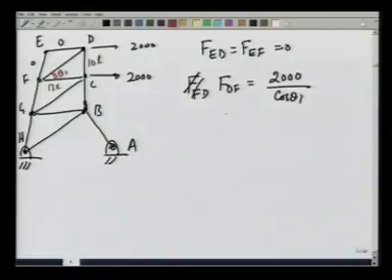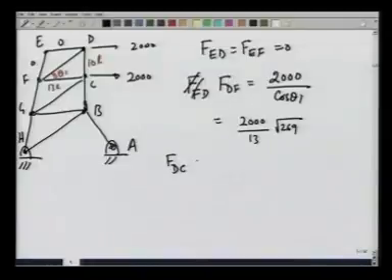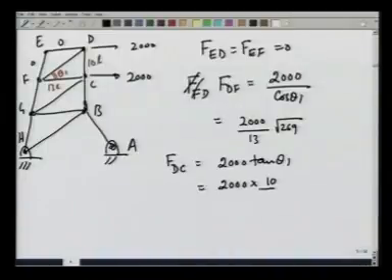So, which is equal to 2000 over 13 square root of 269, and F_DC comes out to be 2000 tangent of theta 1, which is 2000 times 10 over 13, which comes out to be 1538 newtons.